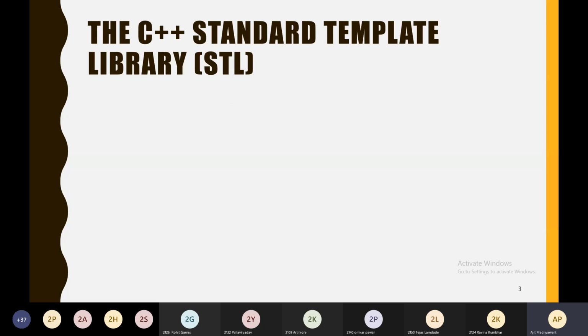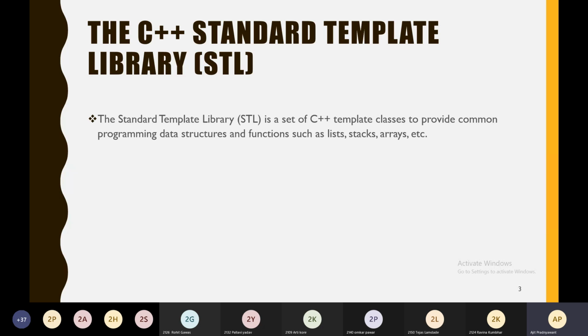So let's begin with the Standard Template Library, in short called STL. The Standard Template Library is a set of C++ template classes to provide common programming data structures and functions such as list, stack, arrays, etc. You are familiar with these data structures.